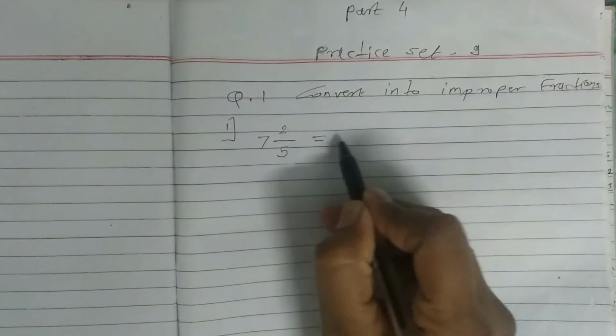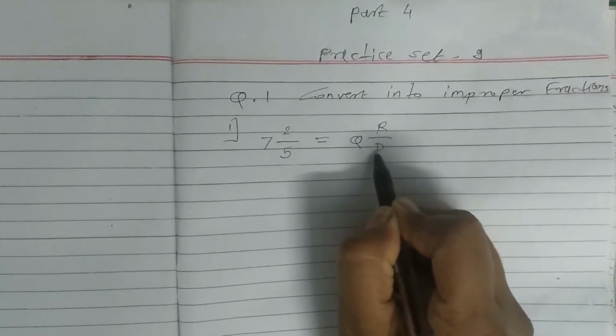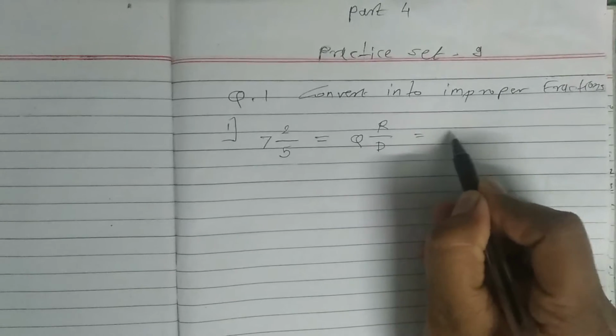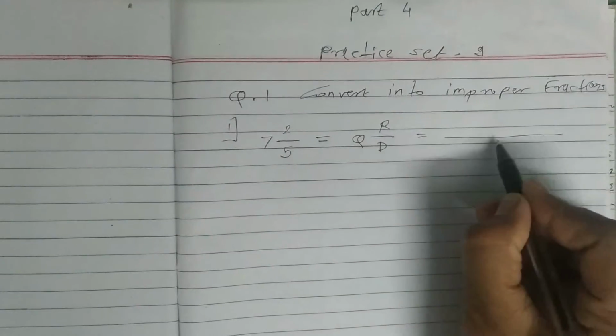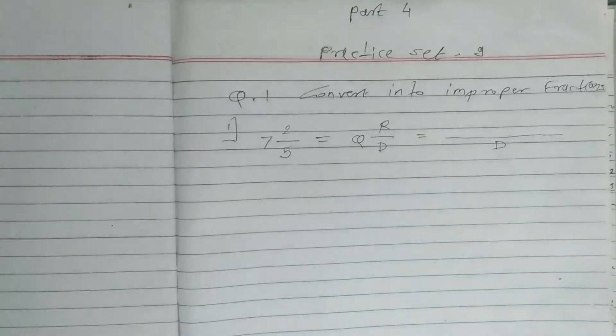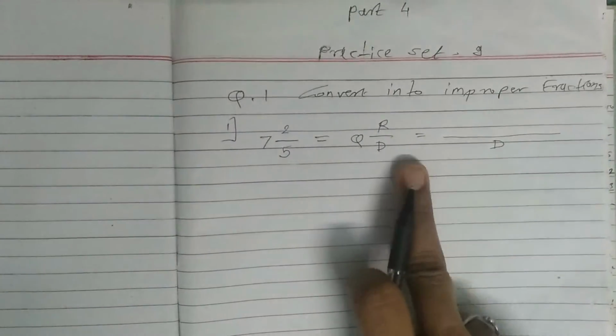So this is the form, students, Q R upon D. So how do we do the conversion of this? You remember, for your practice I am purposely writing the way of conversion. D I write as it is as a denominator, mark one big line, and downside write D as it is.